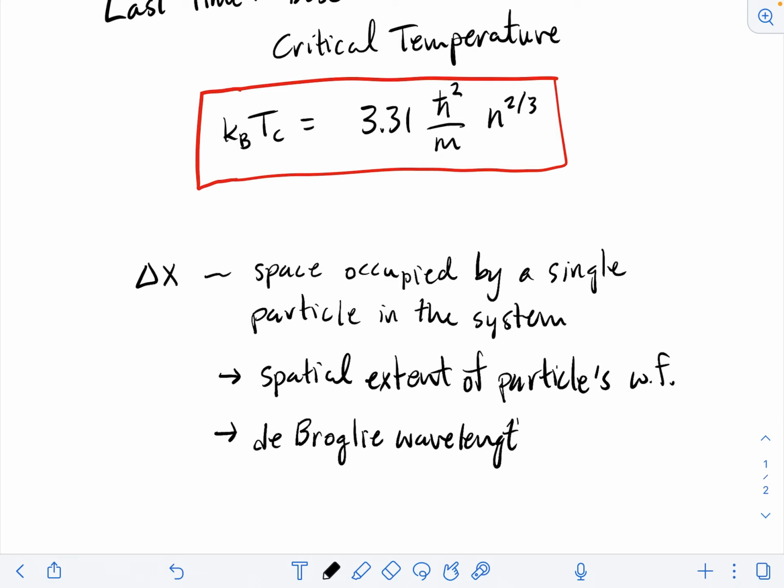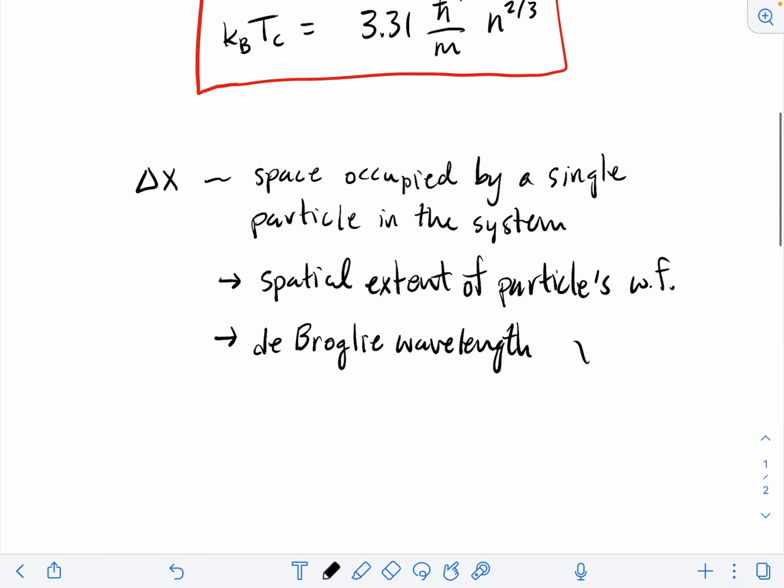So this de Broglie wavelength, lambda, is 2 pi over k, where k is the magnitude of the wave vector.